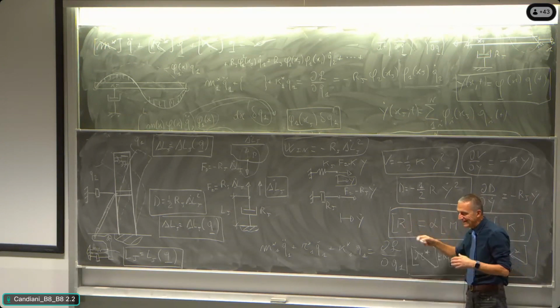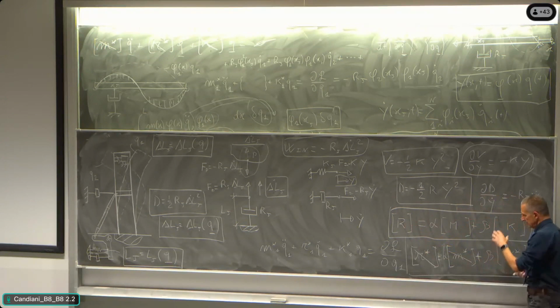So if you have an n degree of freedom system, I would underline that here you have a system with a huge number of free coordinates.